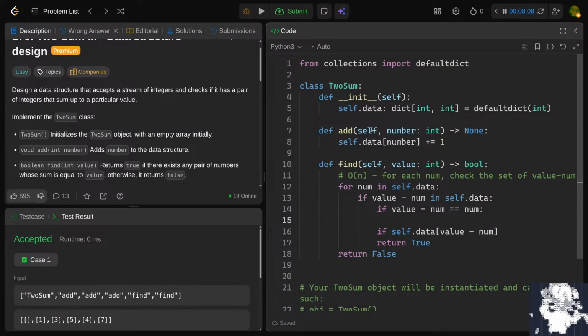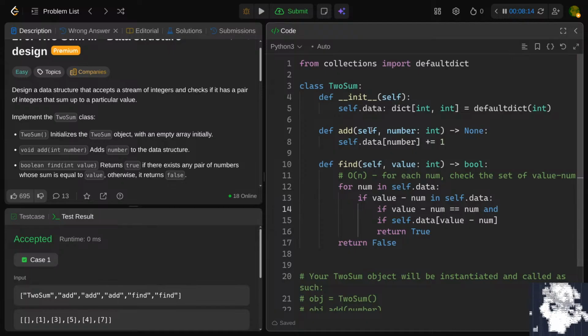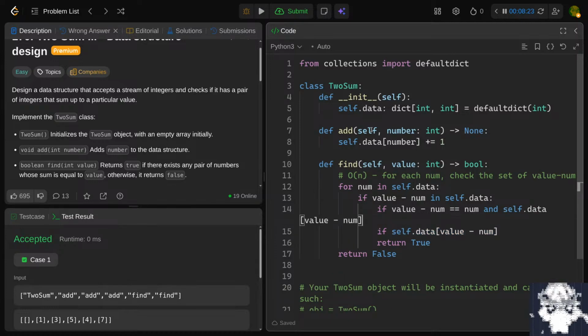So at that point, you should only return true if the value is greater or equal to 2. Did they say anything about duplicates?